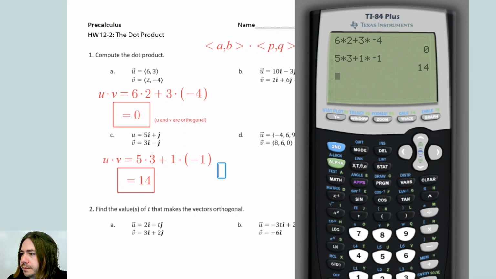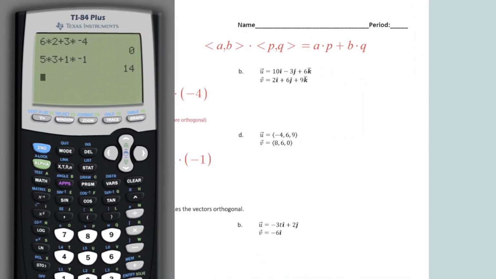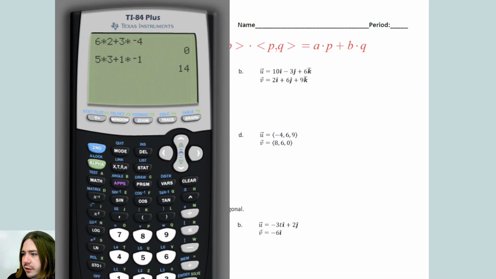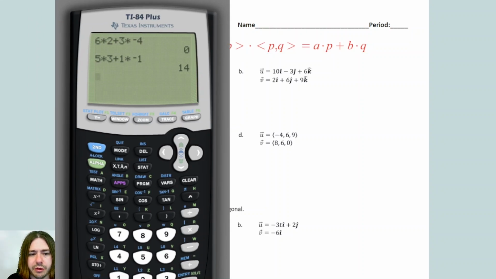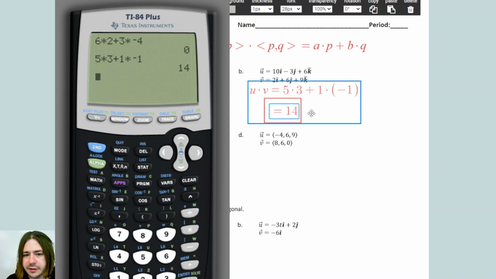So B is a three-dimensional vector, and the way we compute a dot product of three-dimensional vectors is very similar. The only difference is we're going to have 3 things that we're adding together.